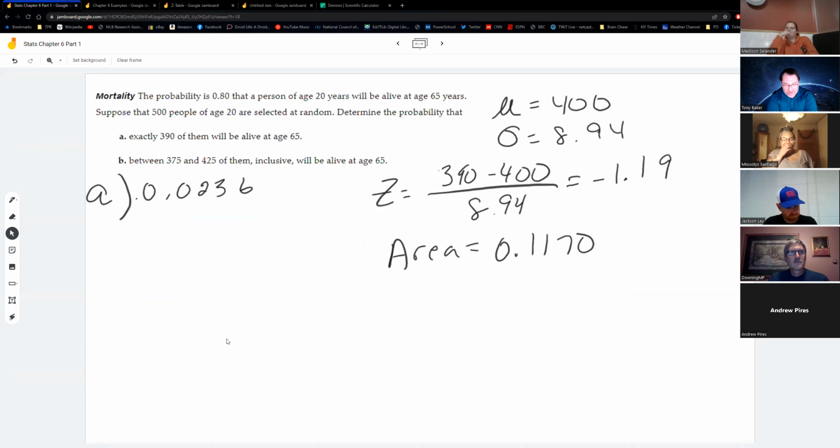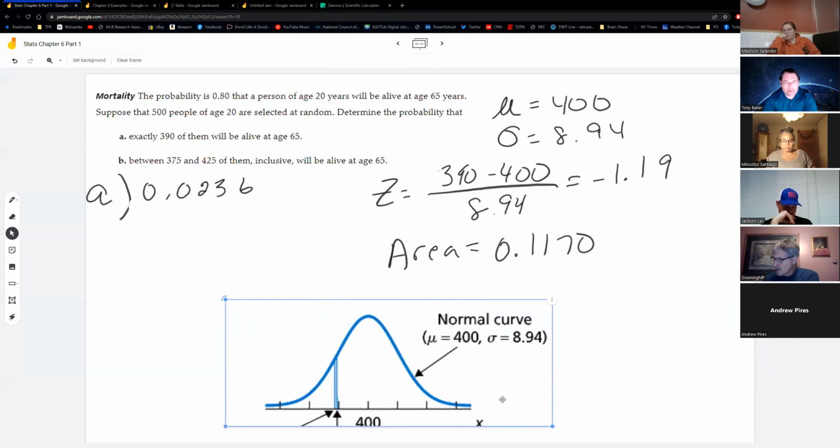So what's the mistake? What's that area telling me? On my curve, what does that area tell me? So here's my curve.